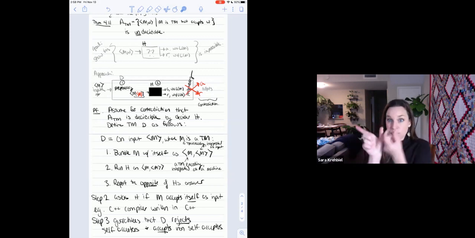If I combine it with 111, the machine combined with 111 is in ATM. That same machine combined with 101 is not in ATM. Also, a machine that accepts all zeros, that M prime combined with 000, that's going to be in ATM.